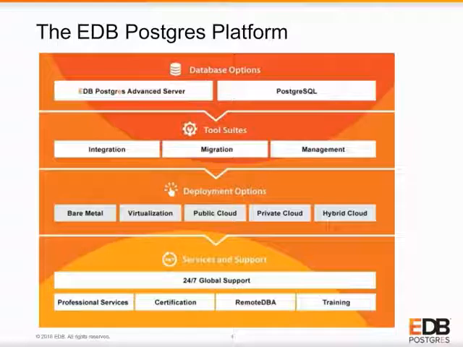And on the top left, there's EDB Postgres Advanced Server, which is based on PostgreSQL, but has the additional features that I just mentioned of improved performance, enterprise security, and Oracle compatibility, and also some developer and DBA features that you wouldn't have in PostgreSQL itself.